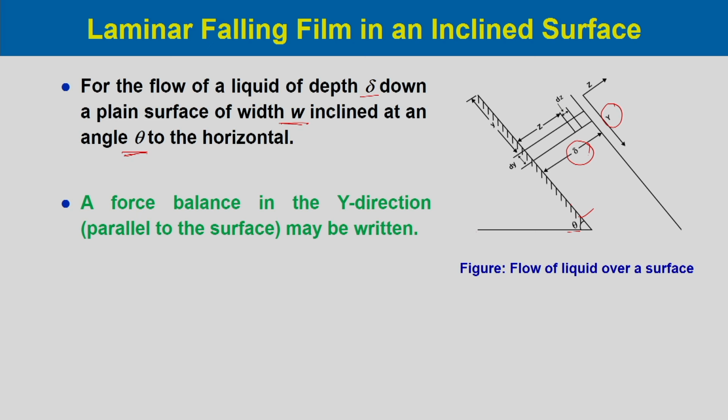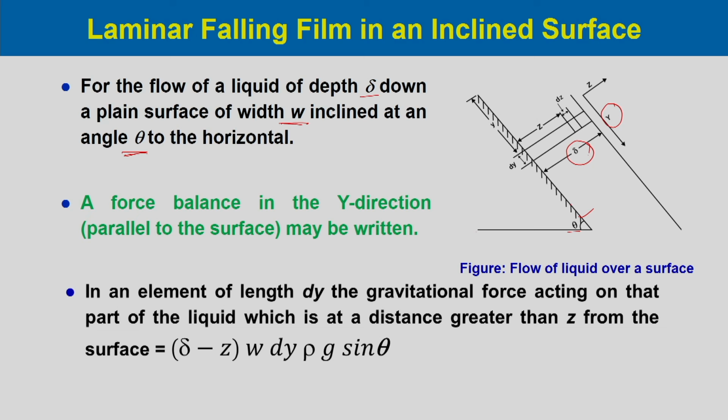In an element of very small length delta y, the gravitational force acting on that part of the liquid which is at a distance greater than z from the surface is (delta minus z) W dy rho g sin theta.